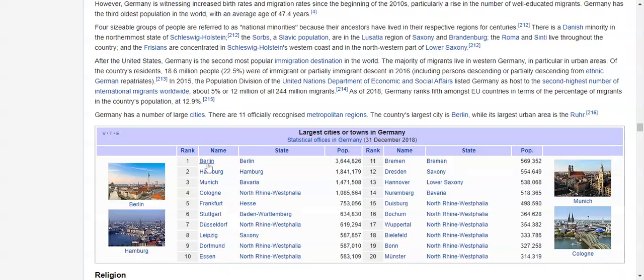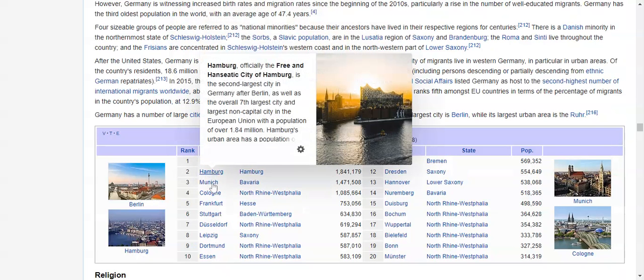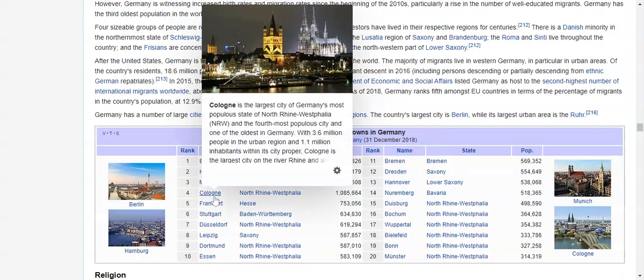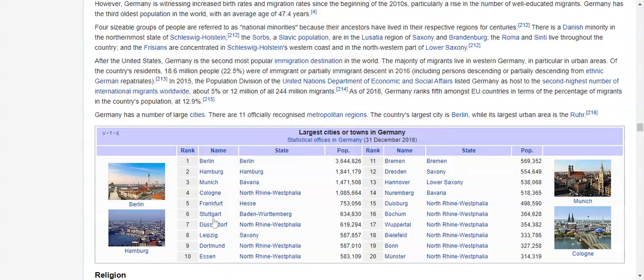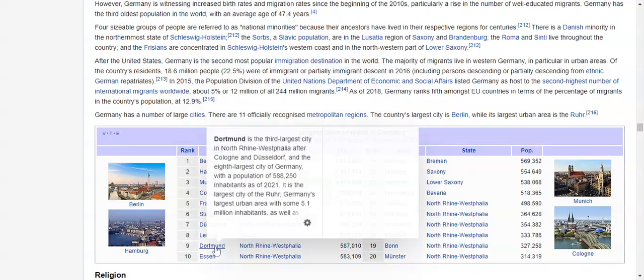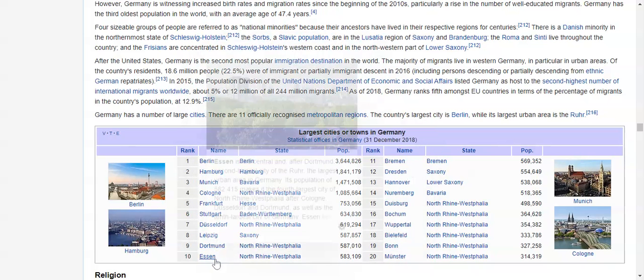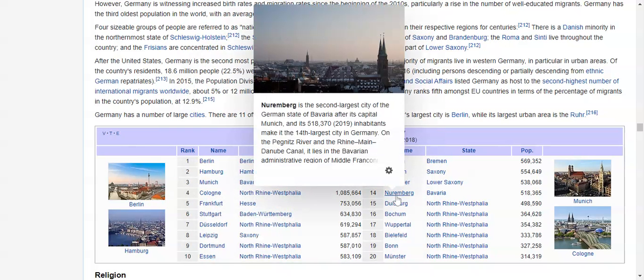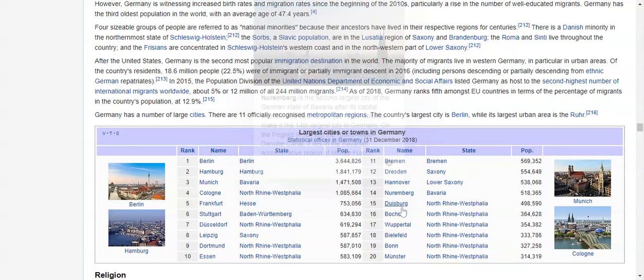In terms of the biggest cities in Germany, Berlin is number one, followed by Hamburg, Munich, Bavaria, Cologne, Nordrhein-Westfalen, Frankfurt, Hesse, Stuttgart, Baden-Württemberg, Düsseldorf, Nordrhein-Westfalen, Leipzig, Saxony, Dortmund, Nordrhein-Westfalen, Essen, Nordrhein-Westfalen, Bremen, Dresden, Saxony, Hanover, Lower Saxony, Nürnberg, Bavaria, Duisburg, Nordrhein-Westfalen. Many of these cities are from Nordrhein-Westfalen.